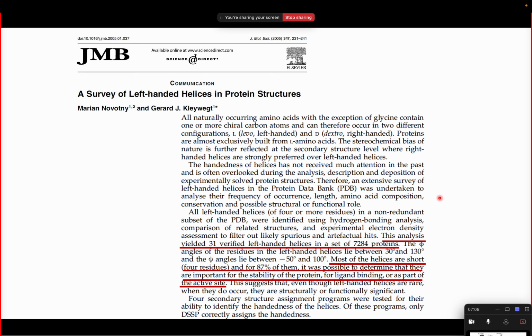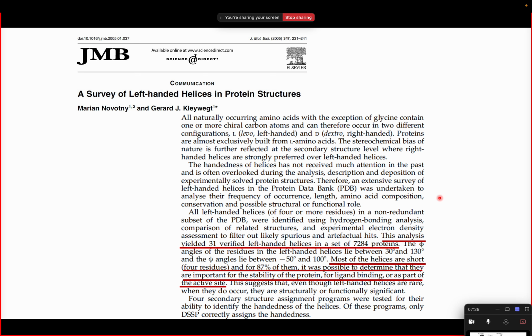All left-handed helices of 4 or more residues in a non-redundant subset of the PDB were identified using hydrogen bonding analysis, comparison of related structures, and experimental electron density assessment to filter out likely suspicious and artifactual hits. This analysis yielded 31 verified left-handed helices in a set of 7,284 proteins.